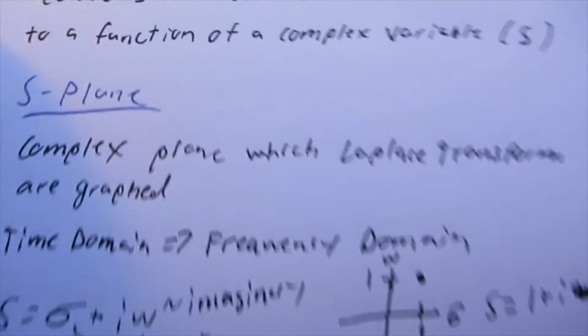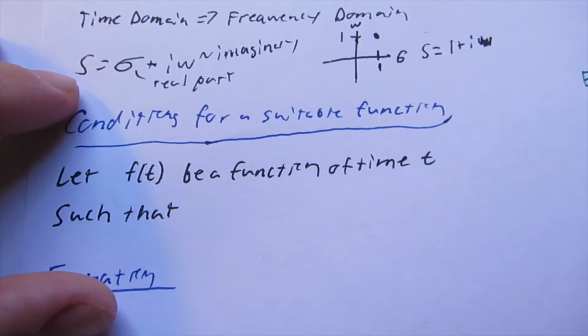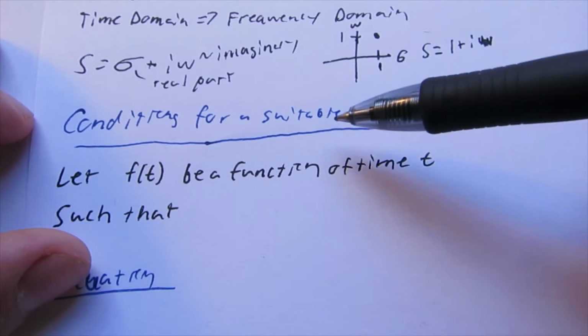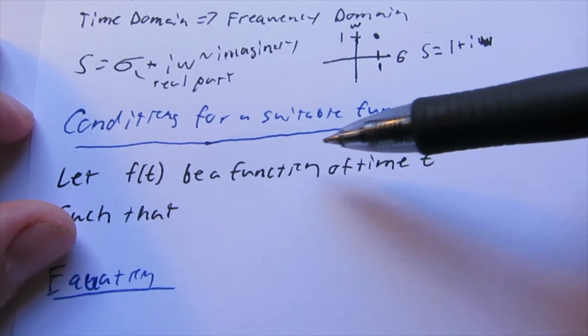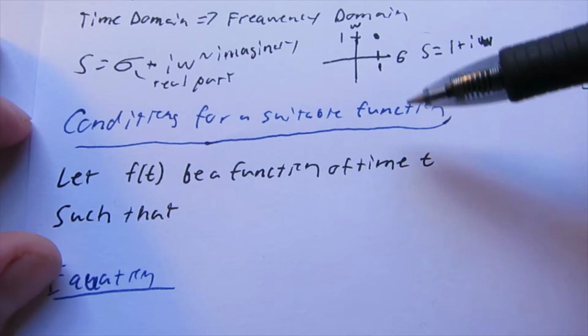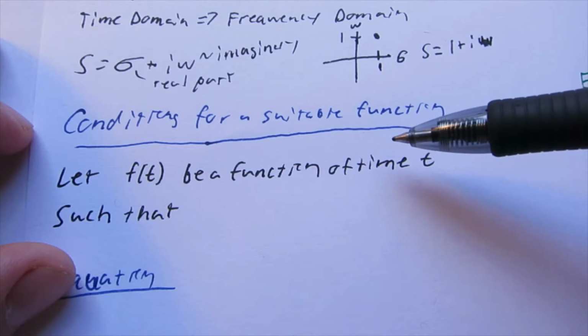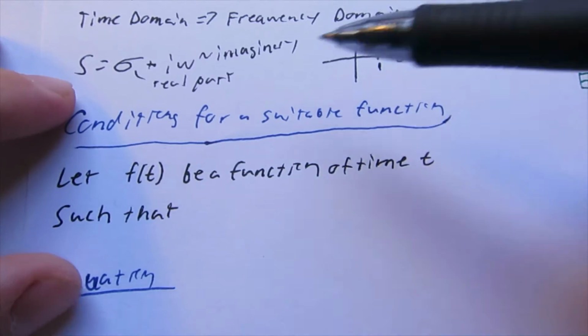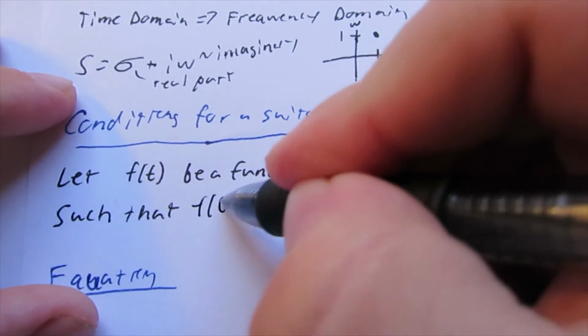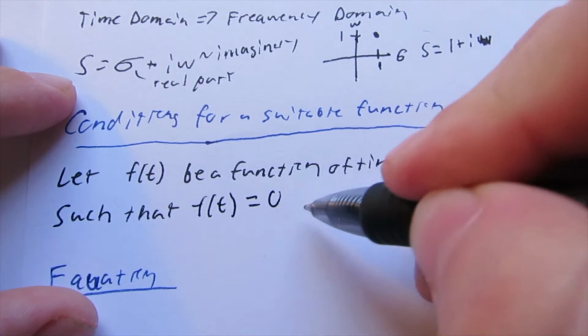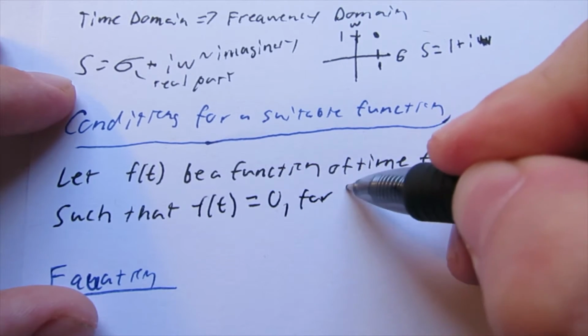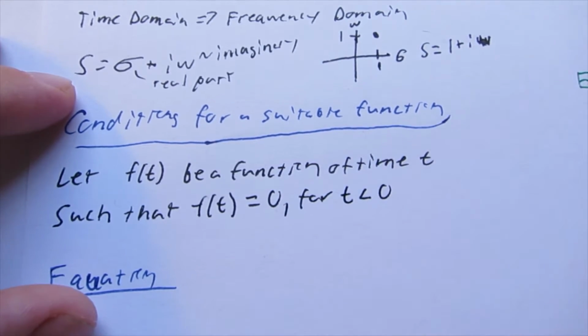Alright, so now back to the Laplace transform. We have a function f of t, but not all functions f of t are suitable for taking a Laplace transform. The condition for a suitable function is that we let f of t be a function of time t such that f of t equals 0 for t less than 0.